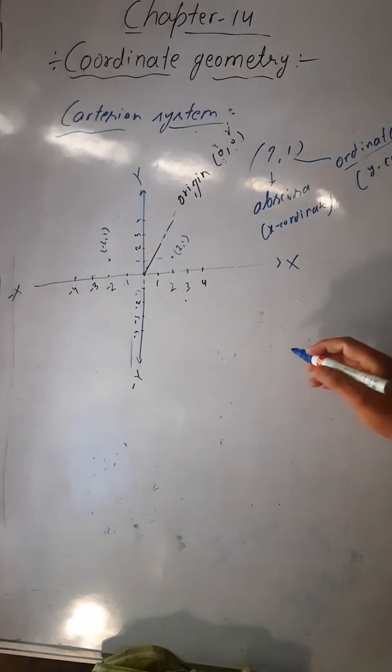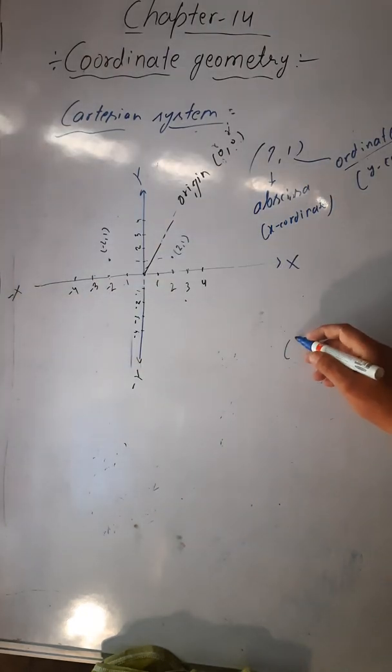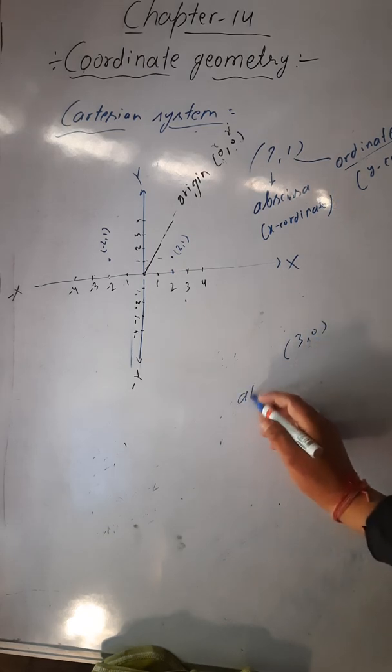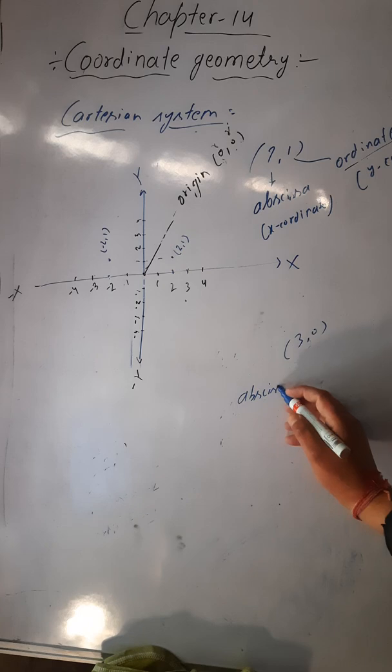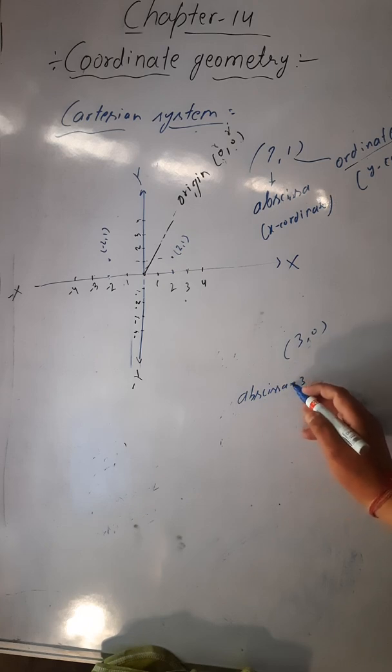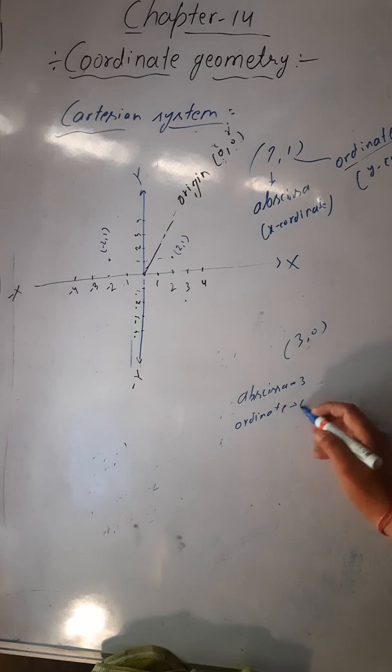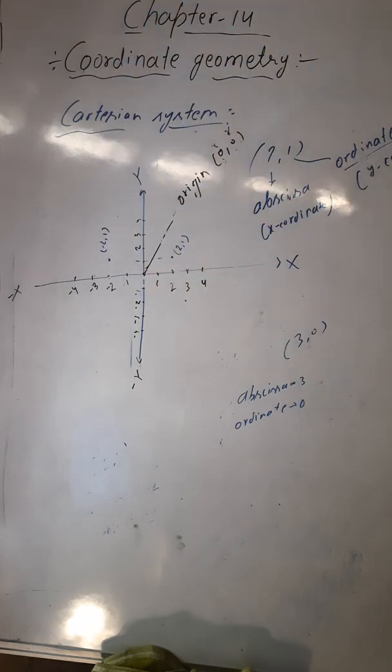Now I am going to give you a point to locate here: 3, 0. 3, 0 means here abscissa is 3 and ordinate is how much? 0. So how will you locate this point in this Cartesian plane?